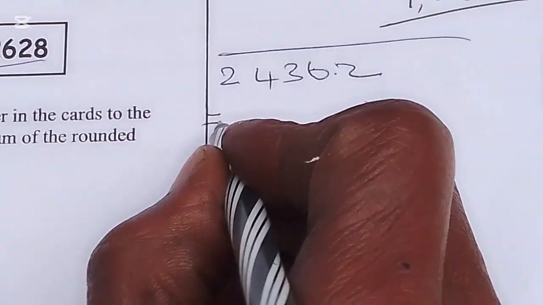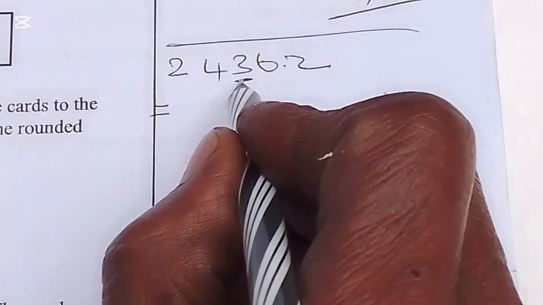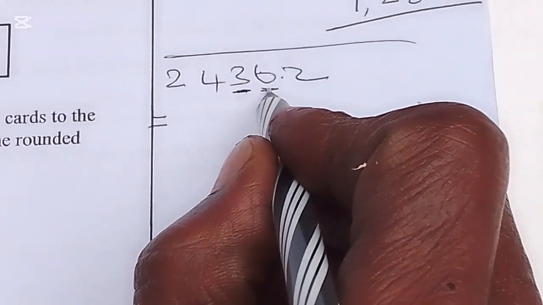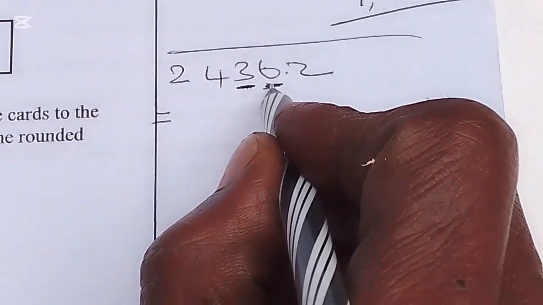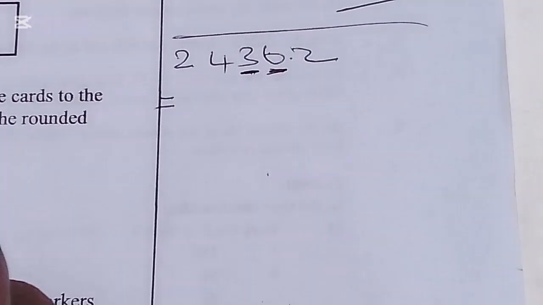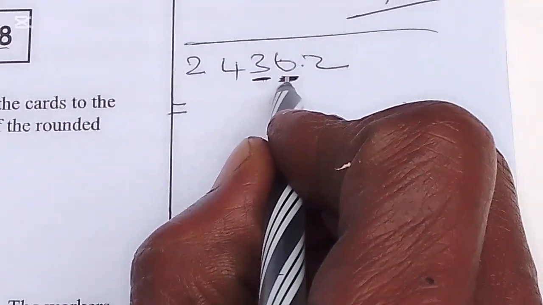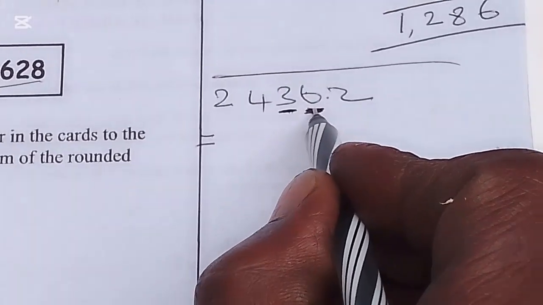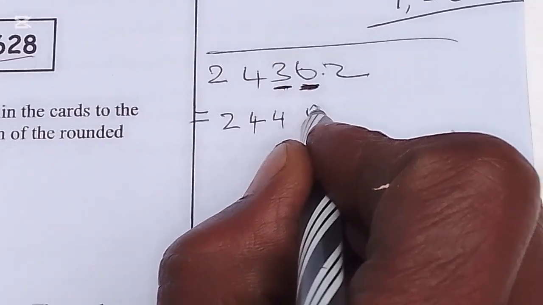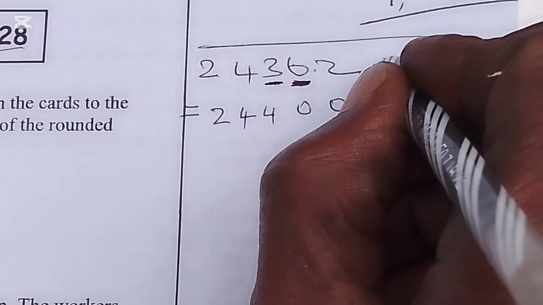To be rounded off to the nearest 100, you check the digit in the tens place value, so that now you round off to the nearest hundreds. Because it is 5 and above, because it is 6, so we have 24,400.